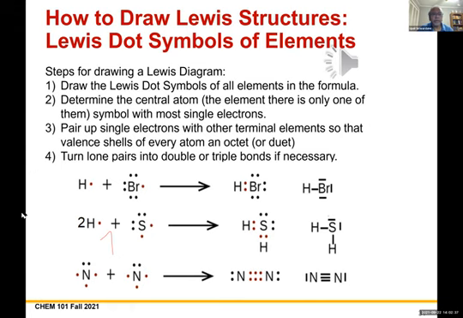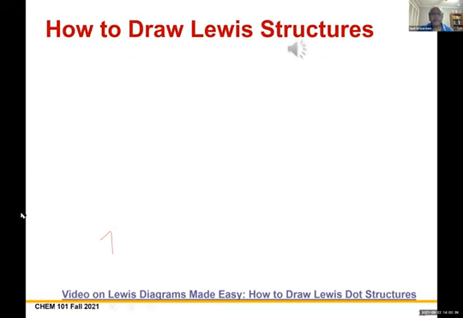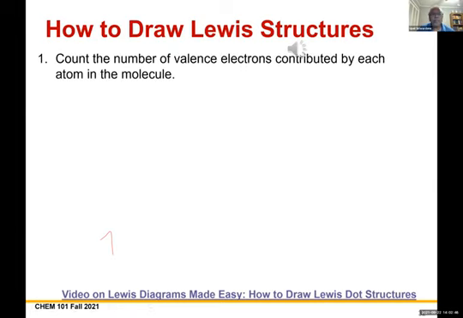Okay, get to the next one. How to draw Lewis structures. There's another way to draw Lewis structures. Count the number of valence electrons in the total molecule contributed by each atom in the molecule. For example, water.